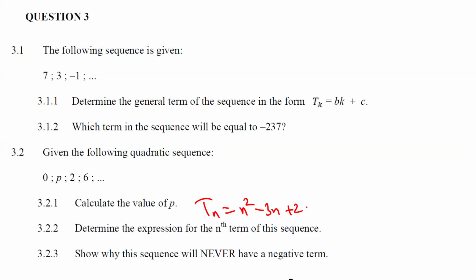I might be wrong, but I think we try and figure out the sum to infinity. Obviously, the sum to infinity we do for the geometric patterns. But to show why this sequence will never have a negative term, because this one is quadratic, we must deal with the minimum value, because this is like a parabola that has a minimum vertex.